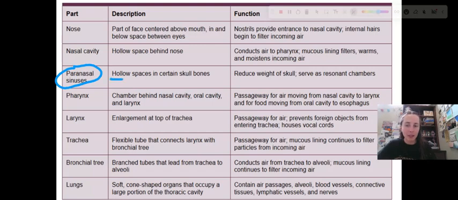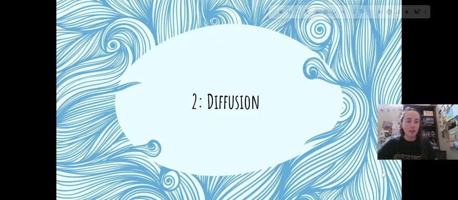So that might be something that you need to write a little description and talk about the function of that. If you know all of these already without writing that table in, don't fill it out. You're good to go. But if you would like this to reference as we go through this unit, I think it would be helpful.